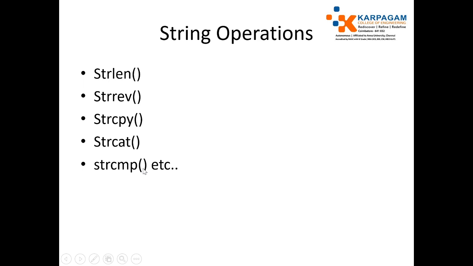And the string comparison function is used to compare two strings, and it will return 0 if they are equal. It returns a negative value if the first string is less than the second string, and a positive value if the first string is greater than the second. There are many other functions available like string tokenizing, strstr. We can refer to the string documentation.